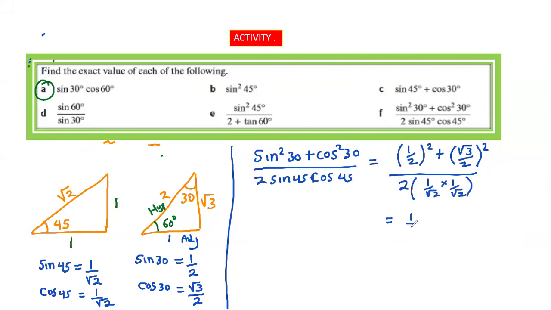Solving for the numerator, we get 1 over 4 plus 1 over 4. When you multiply the brackets in the denominator, root 2 times root 2 gives root 4, and the square root of 4 is 2.